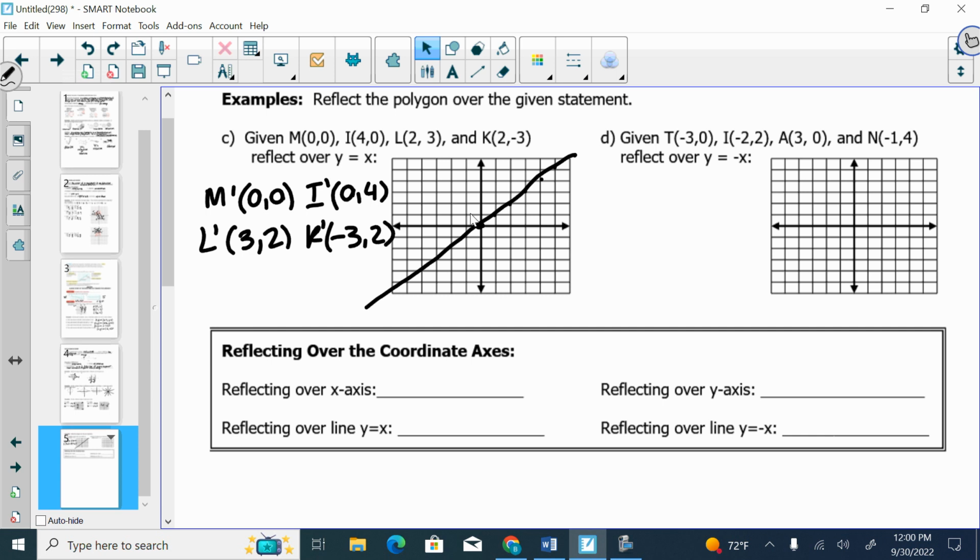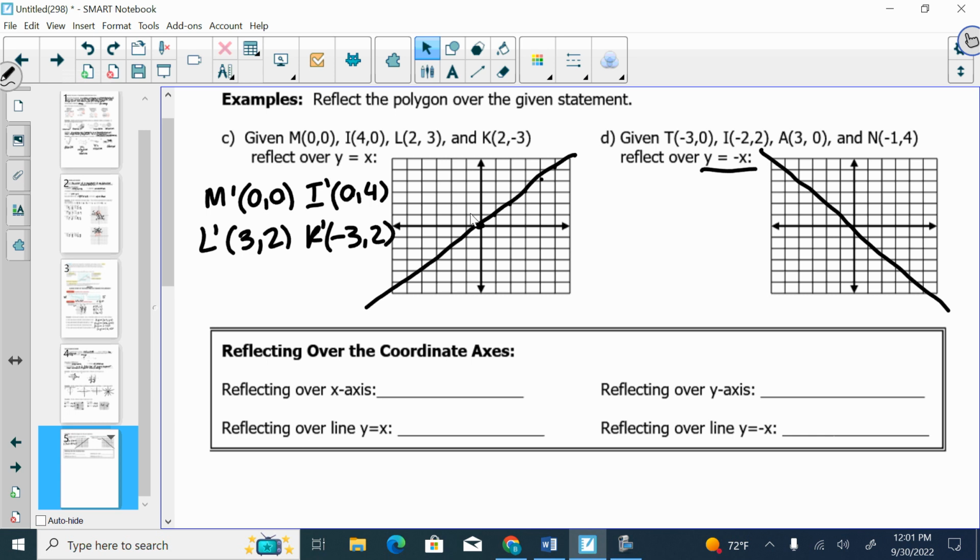Okay, on D, if I'm given these 3 points and then they ask me to reflect about the line y equals negative x, that flips it this direction, right? Okay, so still the same idea. I'm switching my x and y, but I'm also going to need to make them negative, or if they're already negative, change the sign, right?